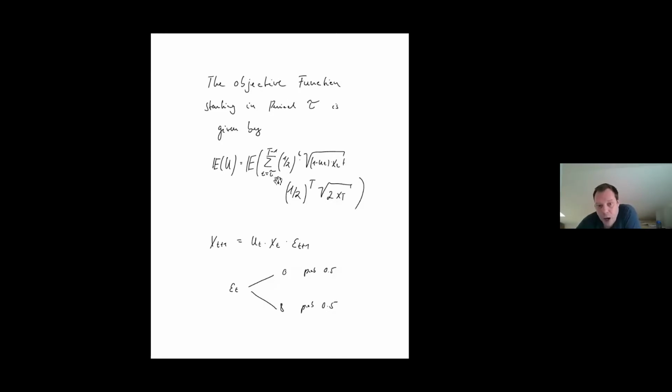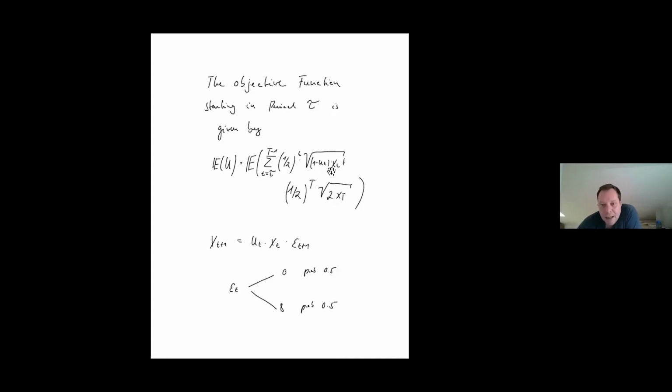So if you put tau equal to 1, you are back to everything we had before. This is what you want to maximize by choosing the u_t. So you want a sequence of all the u_t that you want to pick, all u_t from 1 to capital T minus 1.